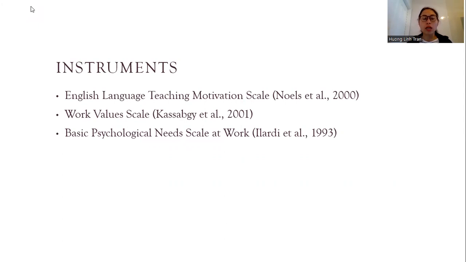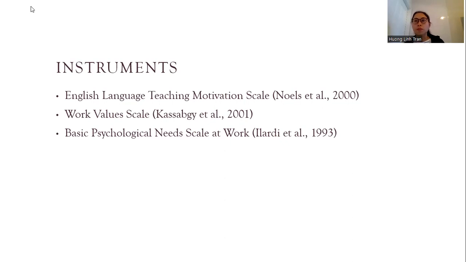This scale includes 14 items with 5 subscales, including amotivation, external regulation, introjected regulation, identified regulation, and finally intrinsic motivation.